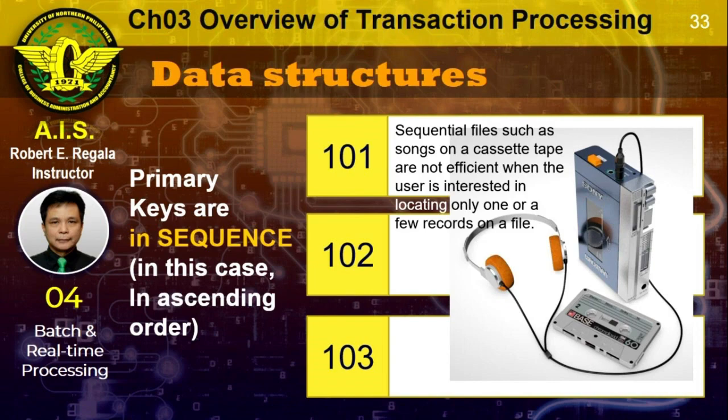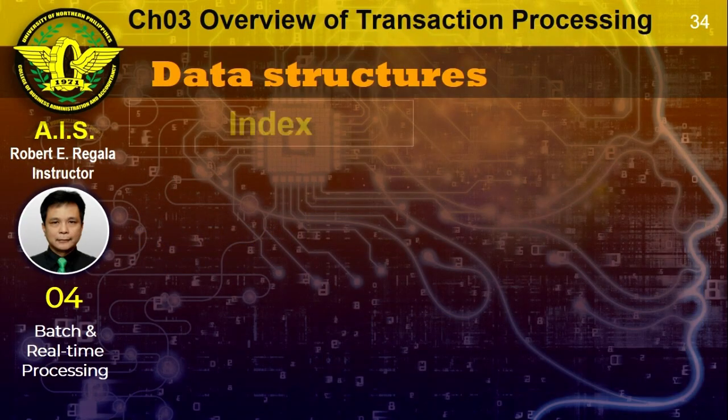The sequential access method does not permit accessing a record directly. Applications that require direct access operations, which are most applications nowadays, need a direct access structure, discussed in the following slide. Direct access structures.